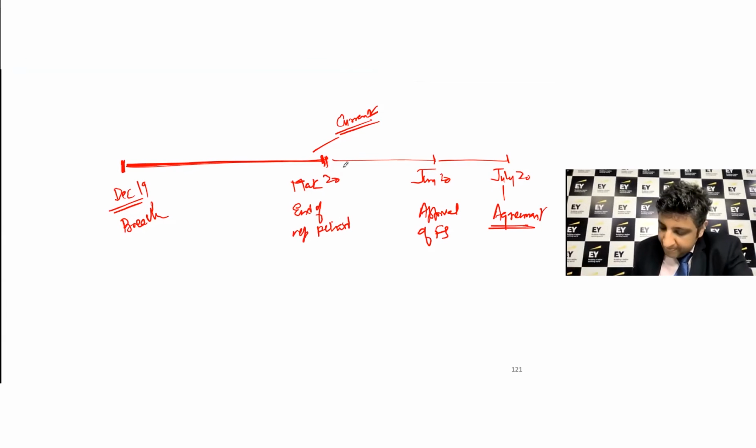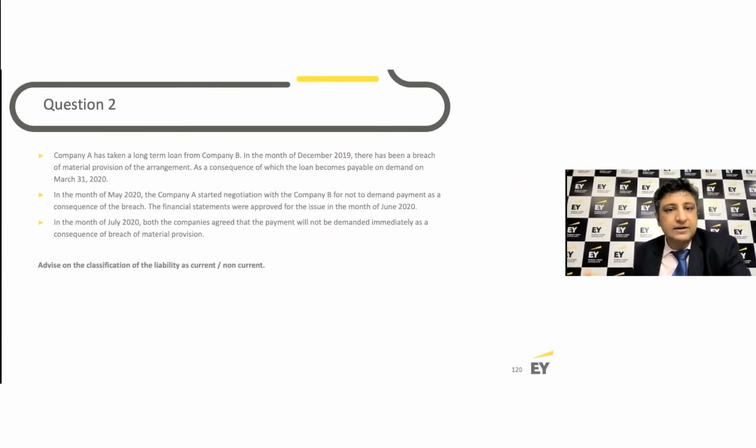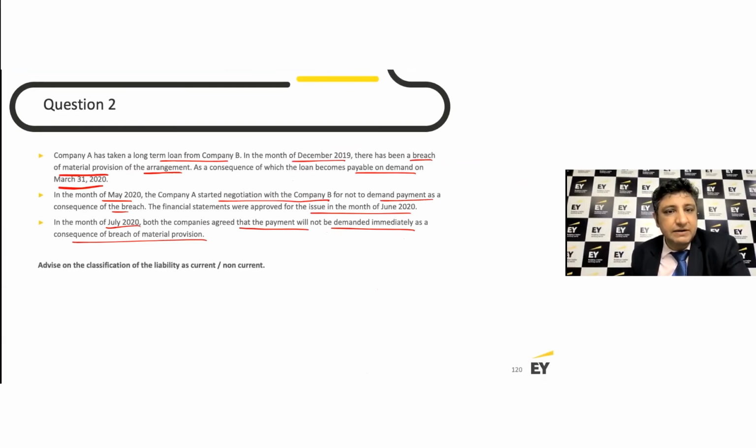But then Ind AS 1 also suggests that if that consent was achieved prior to approval of financial statements, then you may continue to call it a non-current liability. However, the consent was only received after the financial statements were approved for issue, okay?